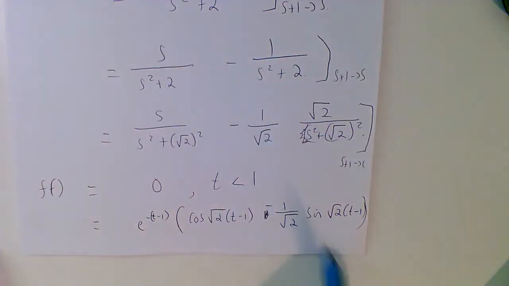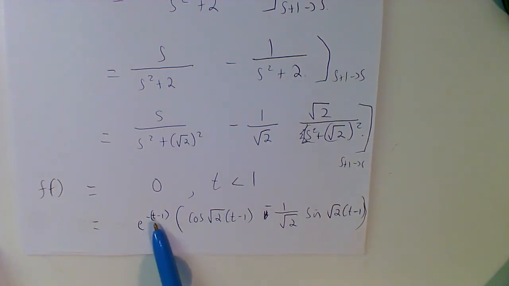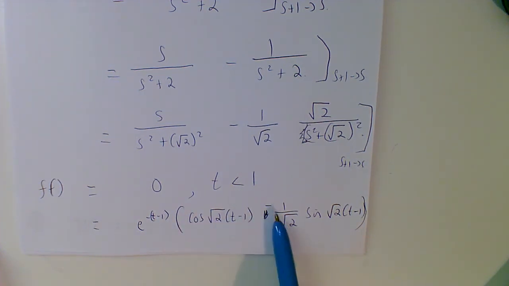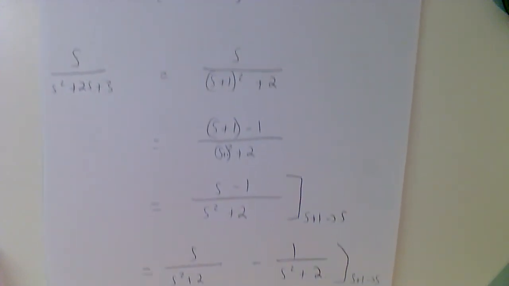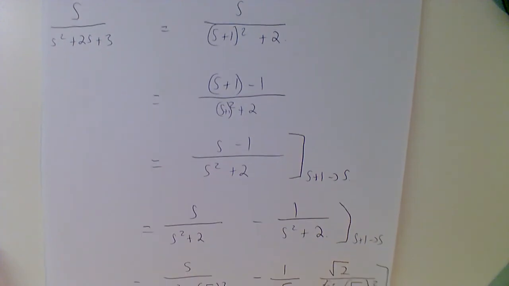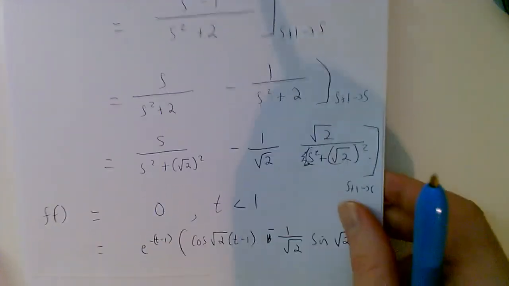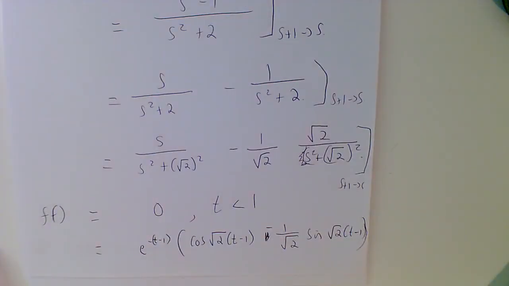It was 0 everywhere below t equals 1, and then it was e to the power of negative (t take away 1) times cos root 2 (t take away 1) take away 1 over root 2 sin root 2 (t take away 1). I'll post the workings for anyone who's tried that question and wants to know how I got to that answer.